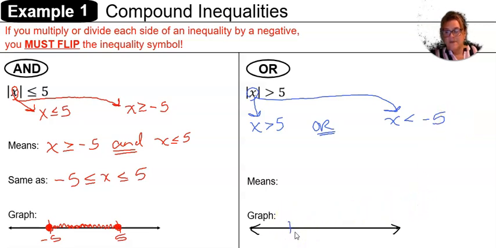On our number line, we would have open circles at -5 and at +5 to show that those endpoints are non-inclusive. There is no equal sign there. And x is greater than 5 shades up toward positive infinity. X is less than -5, that shades down towards negative infinity. And so we see there is this giant gap in between. Instead of overlapping the way the and inequality did, the or inequality shades apart.